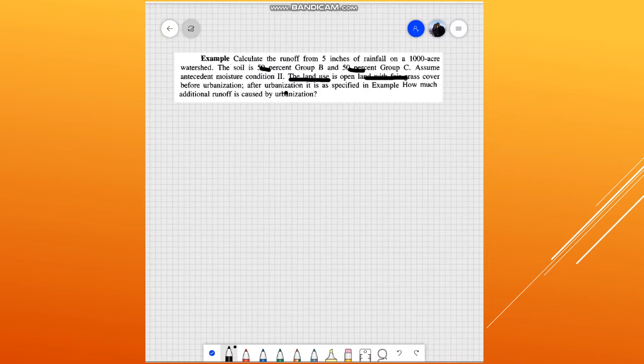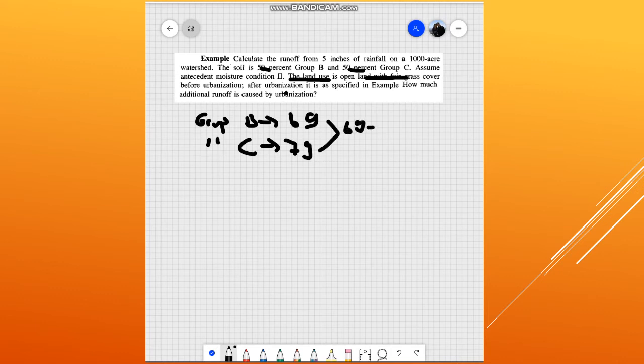So again, let's go back. Group B is 69 and group C is 79. So it's 50-50, right? So it's going to be the average of these: 69 plus 79 over 2.